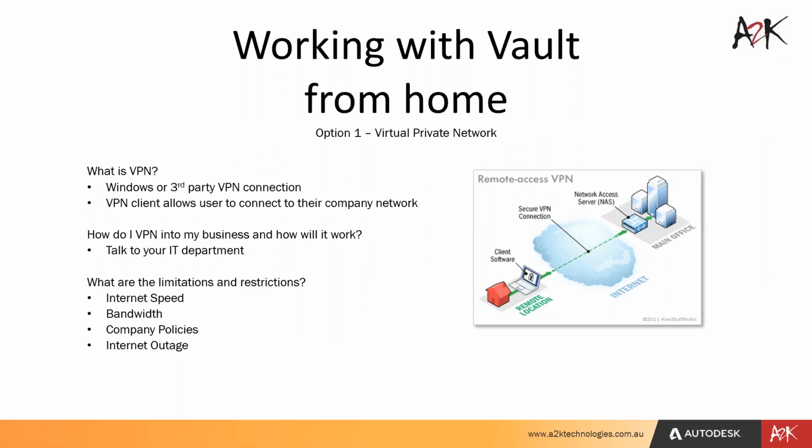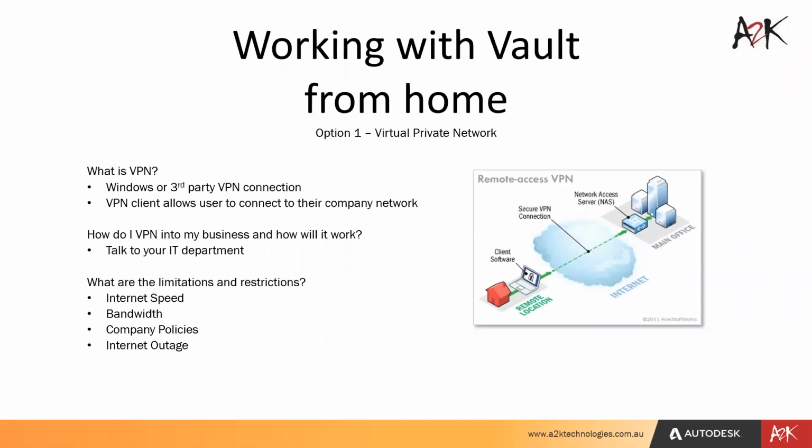In terms of bandwidth and internet outages, you can plan the download of data. For large downloads, you can plan for it the night before, or an hour before you start working.